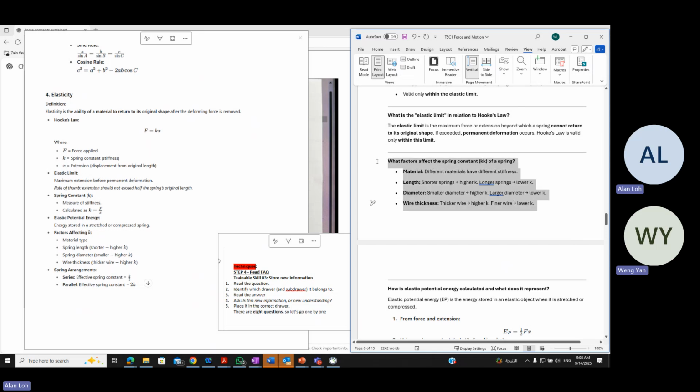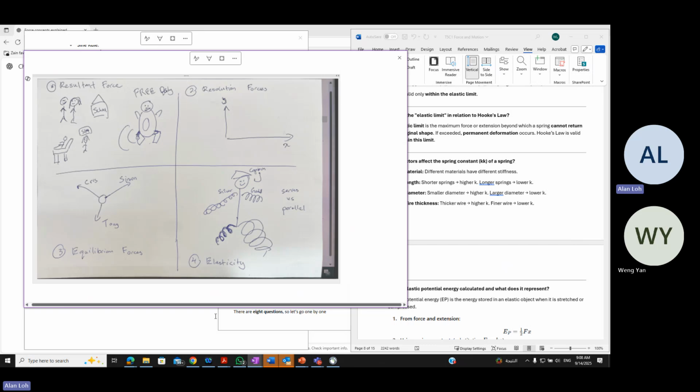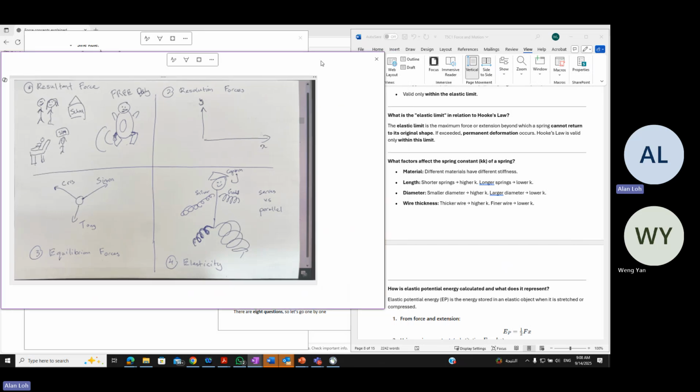Material, the length, diameter, wire thickness. Okay, how do I remember this: material, length, diameter, and wire thickness? Okay, let me open it. So how to remember? It's a very funny story. You are Captain Hook.